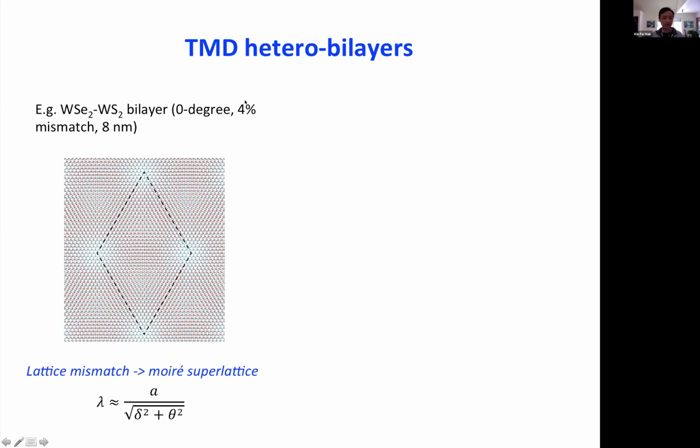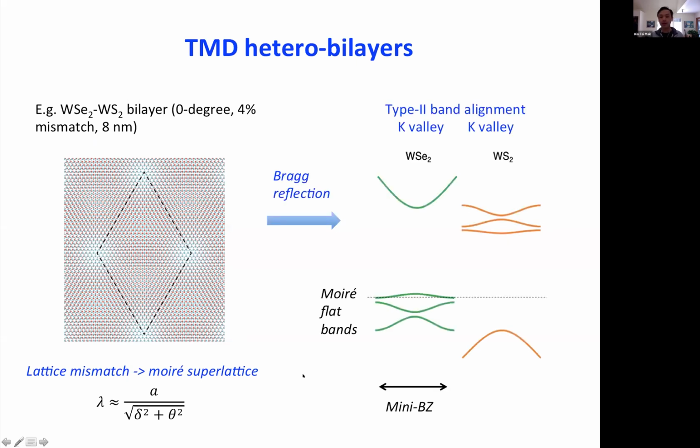Because of the 4% lattice mismatch, it automatically will produce a moiré pattern on the material, with a moiré period of about 8 nanometers. And because the moiré period is mainly determined by lattice mismatch, it's quite insensitive to a small change in the twist angle. And there's Bragg reflection, and as a result, it forms flat bands in the system.